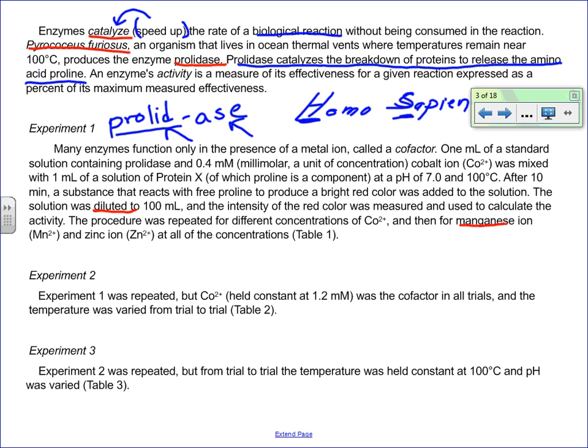Manganese ion. Good. Any other words that we should discuss? I'm going to underline cofactor. That's going to be pretty important later. Any other one? I'm also just going to underline intensity.